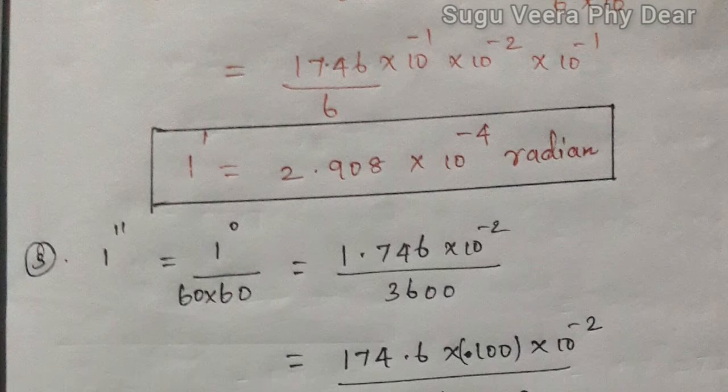Third point, 1 second is equal to 1 degree divided by 60 into 60.